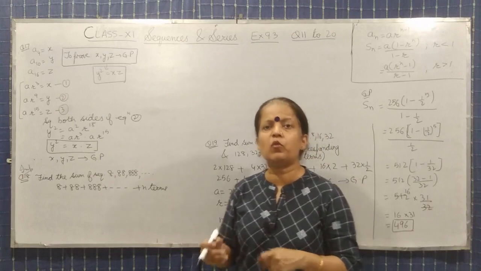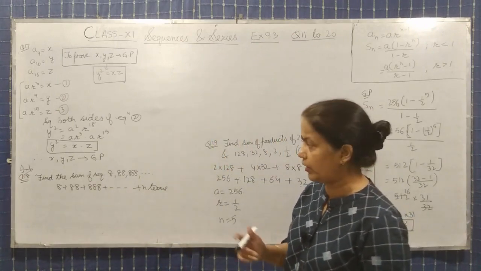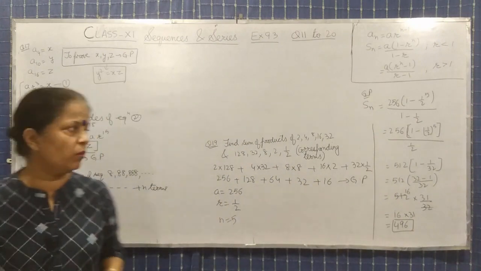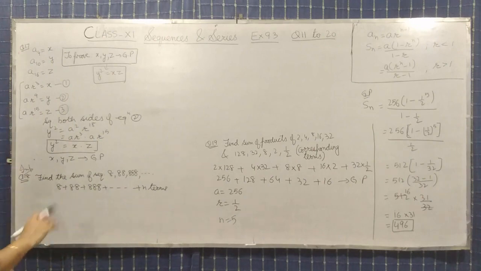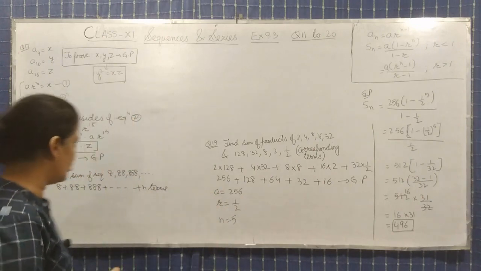So we have to convert it into one sequence. For that, the method which we will use is very important, and this type of question normally comes in your exams also.